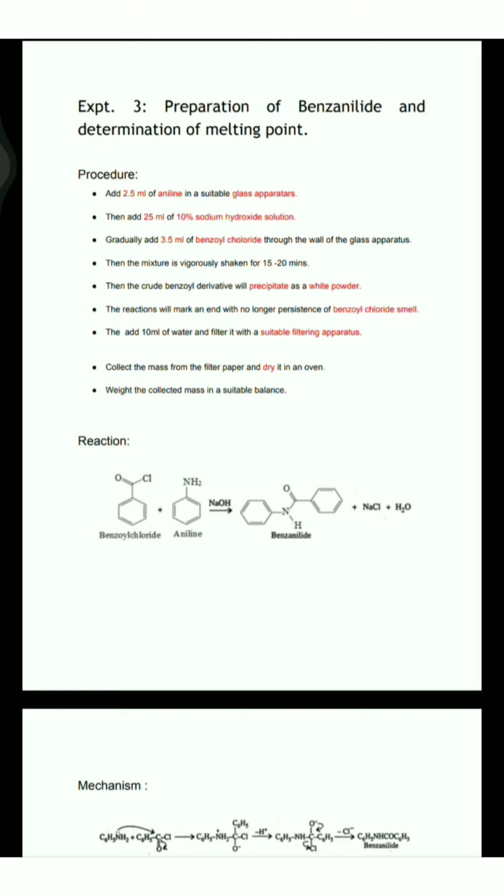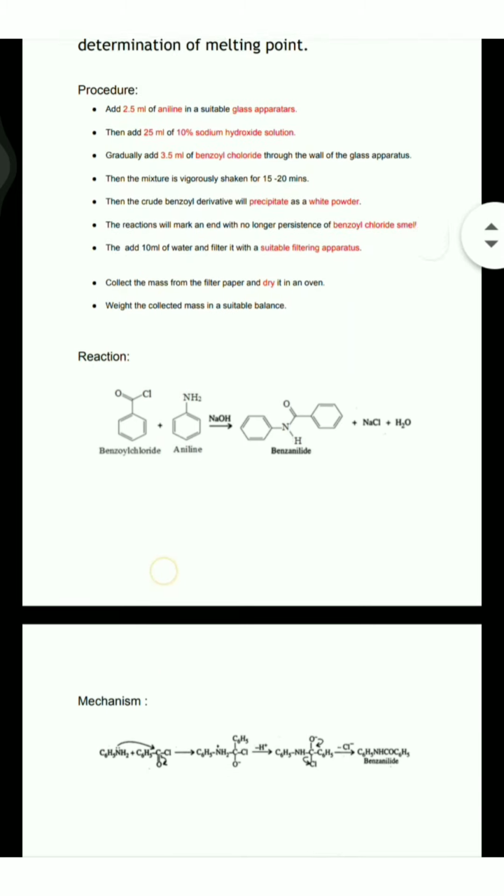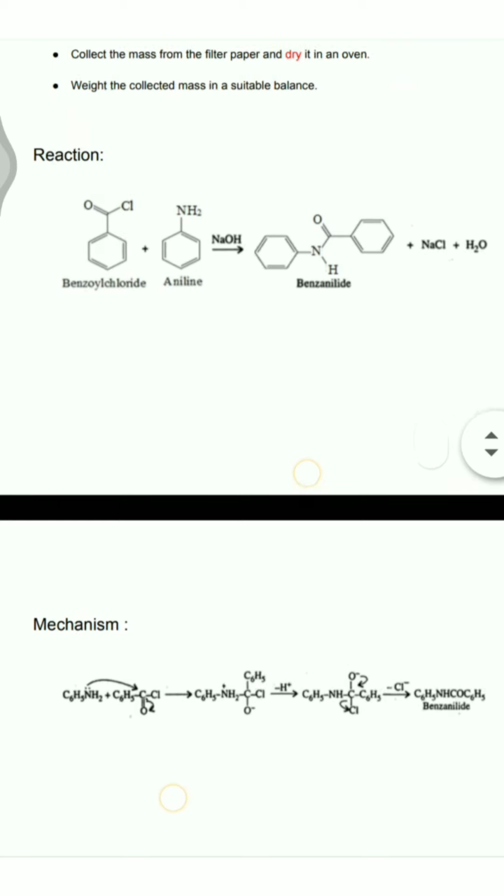The reaction involved is a benzoylation reaction, which basically involves benzoyl chloride plus aniline. We have to add sodium hydroxide. The benzoylation reaction carries on, and we obtain the corresponding product. The mechanism here I have already given. Just have a look. First we have taken the aniline and the benzoyl chloride.